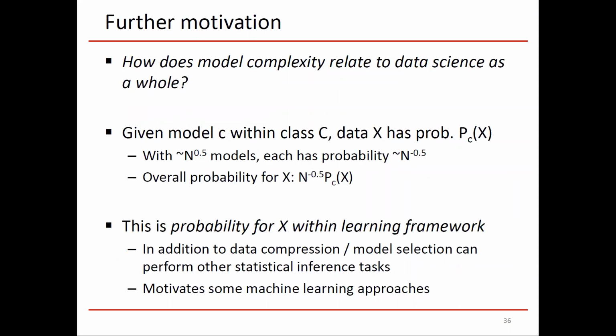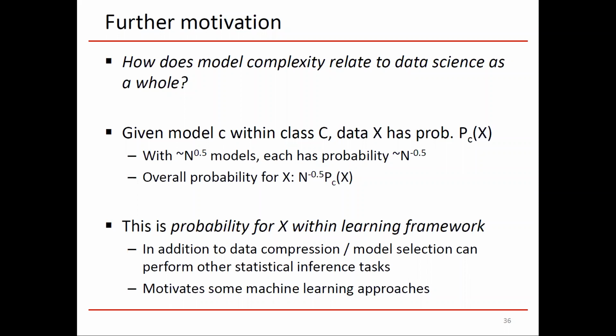So some motivation. How does model complexity relate to data science as a whole? Suppose that you have a specific model, lowercase c, within the model class capital C, and your data has probability PC of x. And as we said before, overall, you're going to try to select the model lowercase c that minimizes the length for x given c and the length for c. Now, I've already mentioned that we're going to see that it's helpful if we have a single parameter to have something on the order of square root of n models.